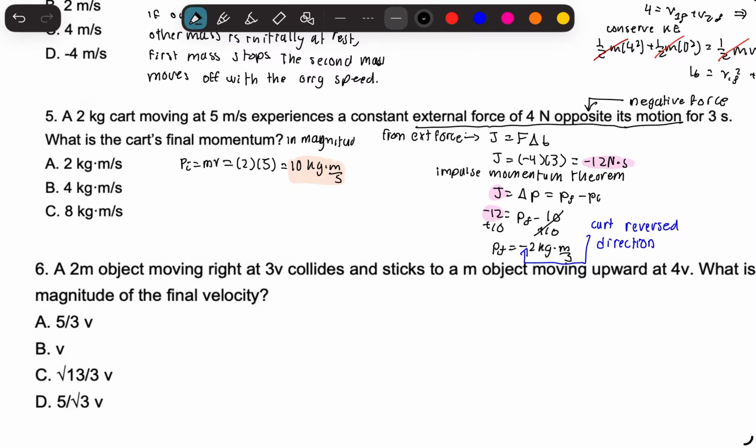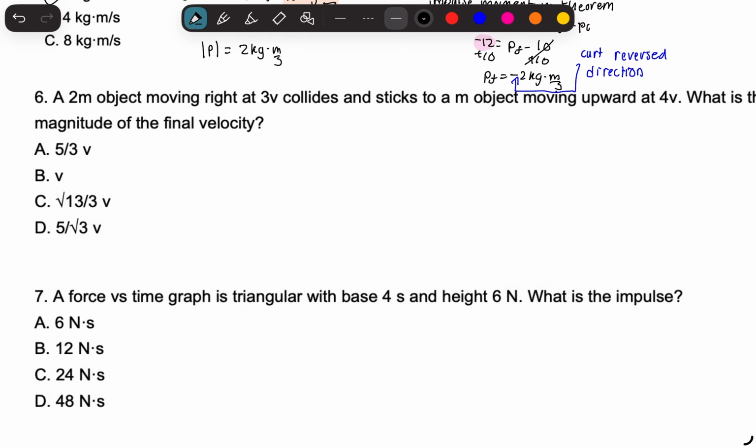Now let's do our next problem. A 2m object moving right at 3v collides and sticks to an object moving upward at 4v. What is the magnitude of the final velocity?